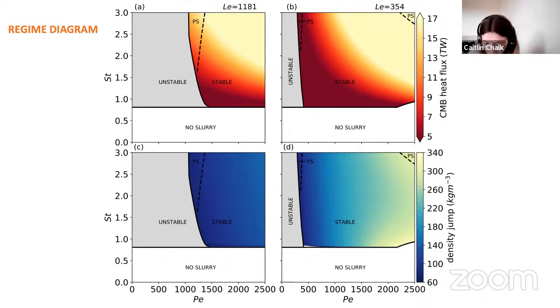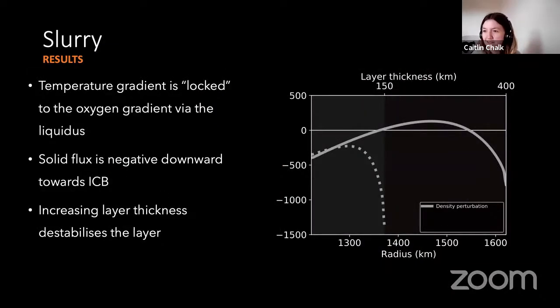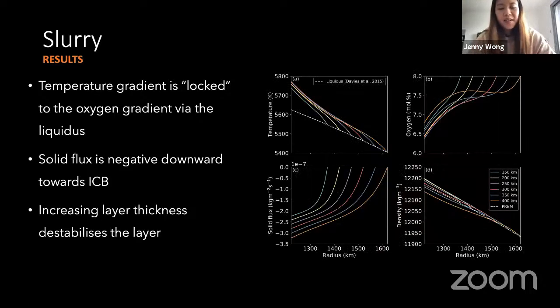I have a question, Jenny. You mentioned that increasing the thickness destabilizes the layer, which is shown by the density variations. I just didn't fully understand. Could you tell me a bit more, please? Sure. You can see quite clearly, as I've changed the layer thicknesses, that these density profiles become less and less stable.